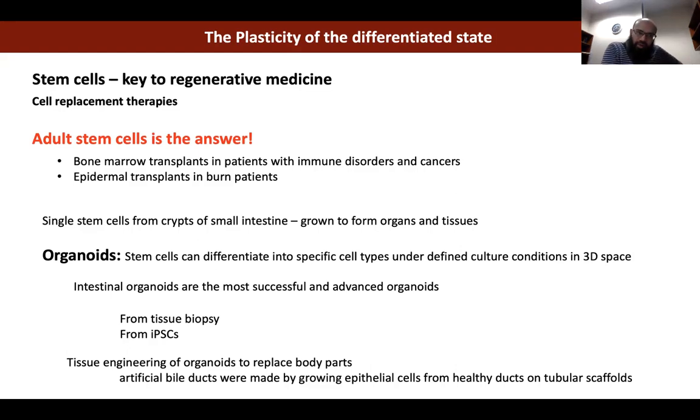But the good thing with organoids is that you can grow the whole organ, of course in a miniature format, starting from a single cell, provided that you give them a 3D culture environment. Intestinal organoids are the most successful and advanced organoids, and they have been shown to be grown from both tissue biopsy and from induced pluripotent stem cells.